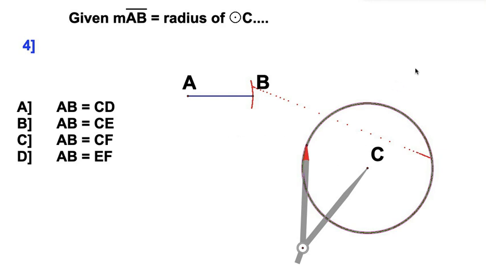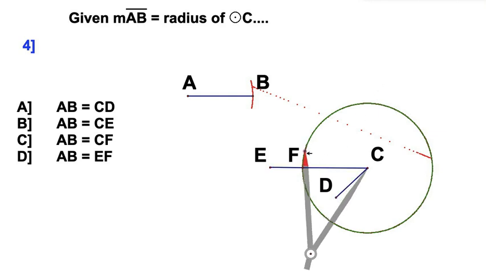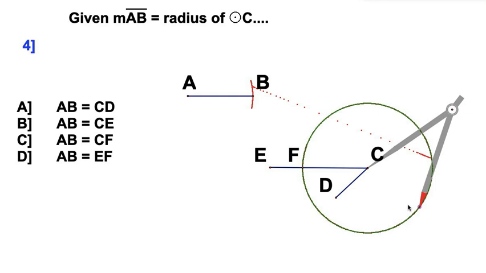Now, if AB, the measure of AB, is the radius of AC, and you've got this diagram, you get this compass out of the way, then what do we know? And you'll see the different notation here.